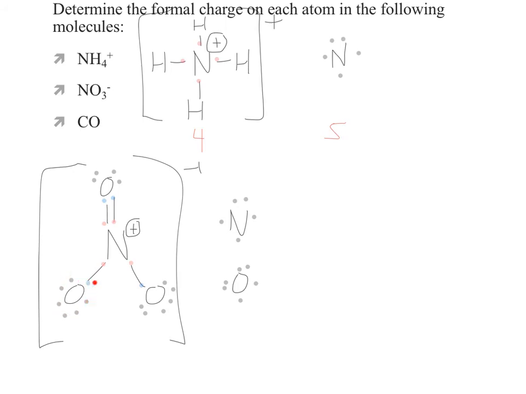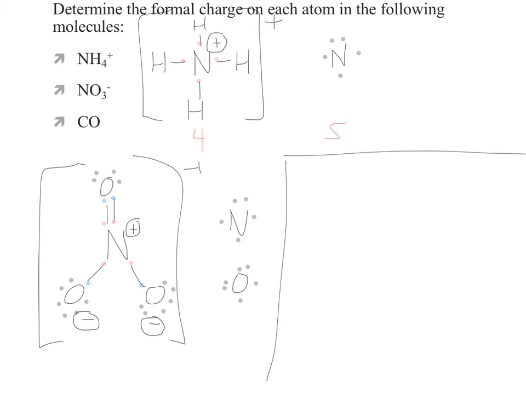Normally oxygen has 6 electrons. These have 7, the way that we're defining it. That means each one of those oxygens has an extra electron, so each one has a formal charge of -1, and we circle it like that. You will also notice that those 2 formal charges of -1 each and that positive charge add up to the charge of the molecule, which is -1.